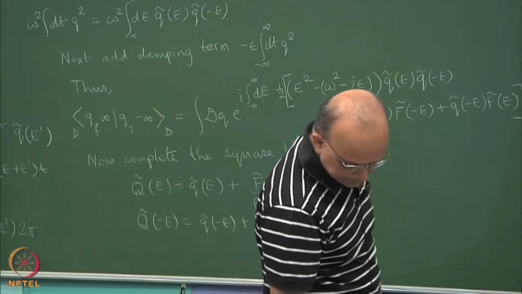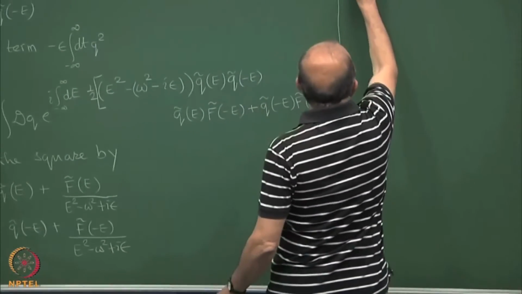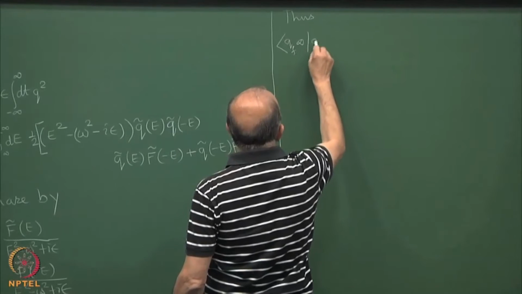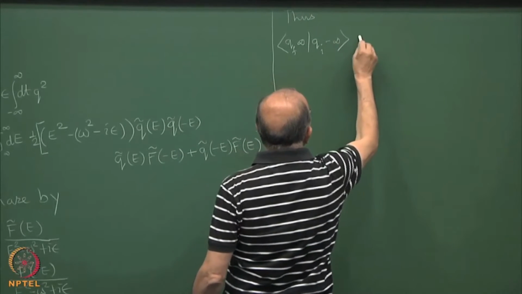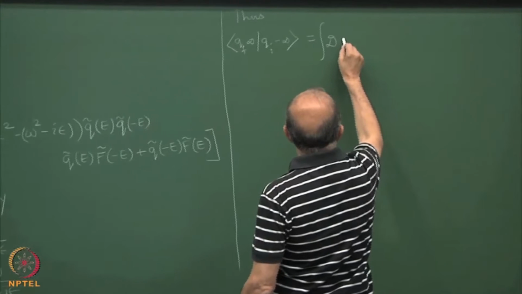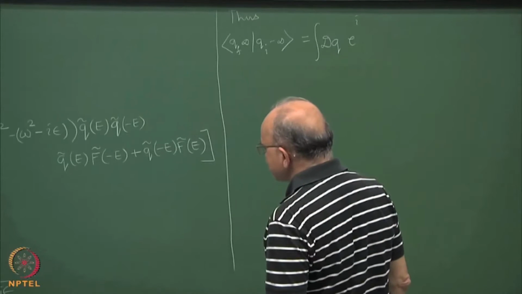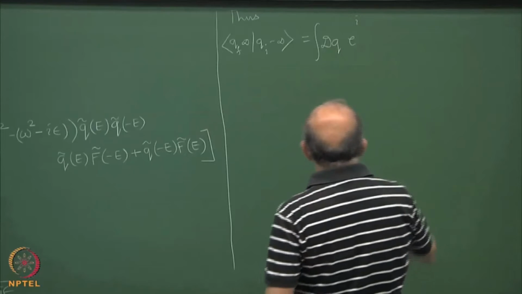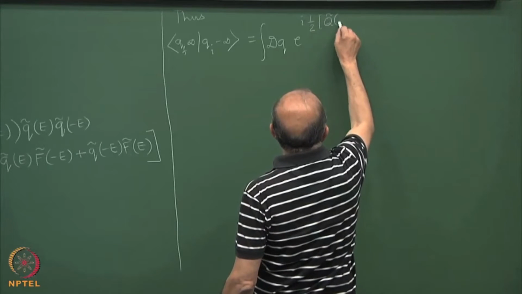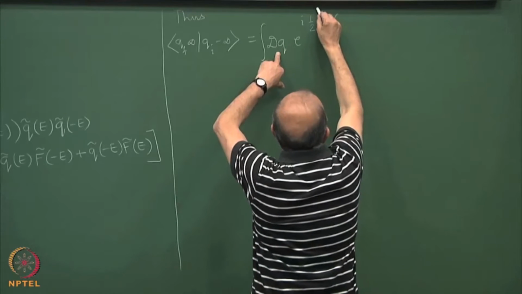So we find integral of this qf infinity qi minus infinity propagator, or kernel, becomes integral dq of e raised to I times half into q tilde E. So this we have to change variable, this we have to change to q tilde eventually, but let us write it like this right now.